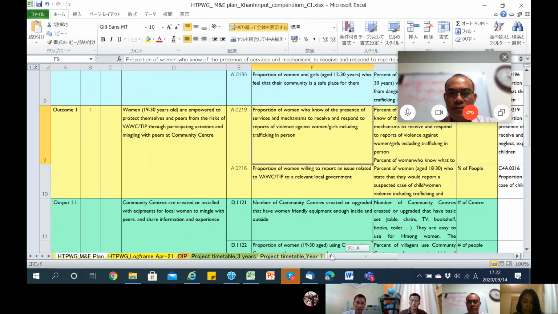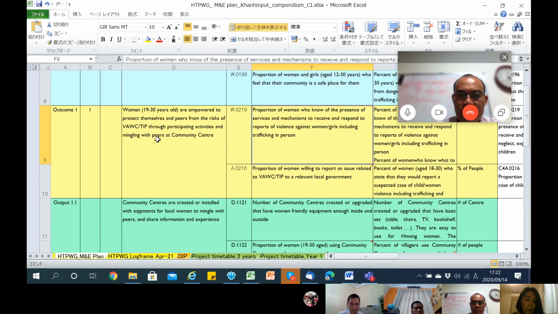The next one is the outcome 1 level question. Outcome 1: women who are 19 to 30 years old are empowered to protect themselves and peers from the risks of violence against women and children and trafficking in persons, through participating in activities and mingling with peers at the community center. So we would like to measure how much the activities at the community center will impact women's empowerment to protect themselves.